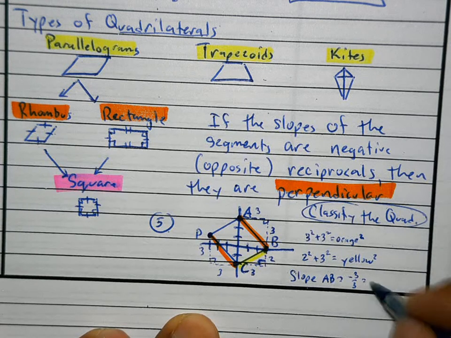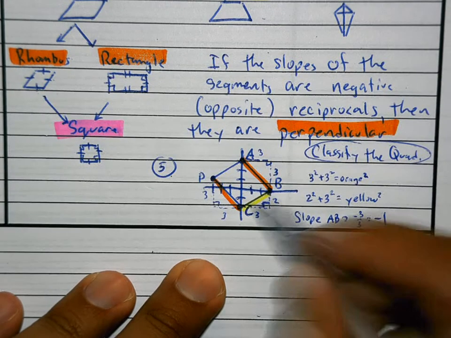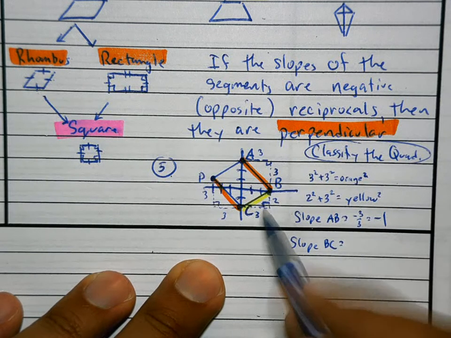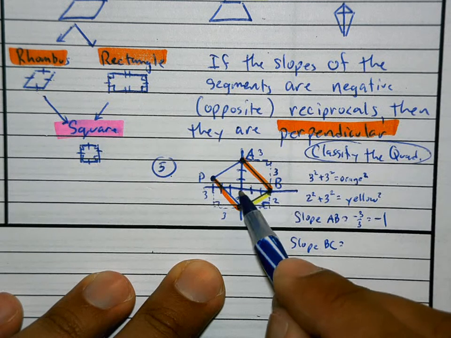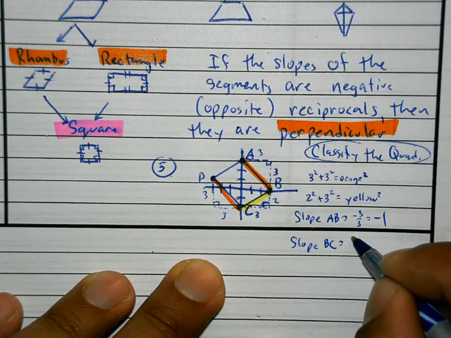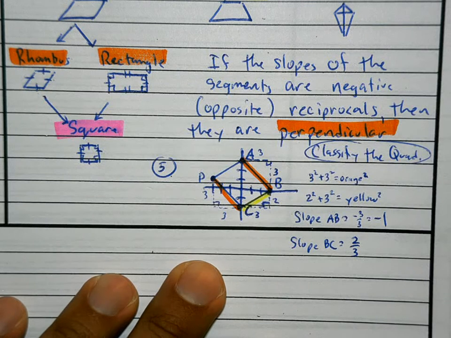Negative 1. You agree? Now what about the slope of the yellow one? Let's call that the slope of BC. It rises how much? What's the run? I hope you know that it's a rise of 2 and the run is 3.